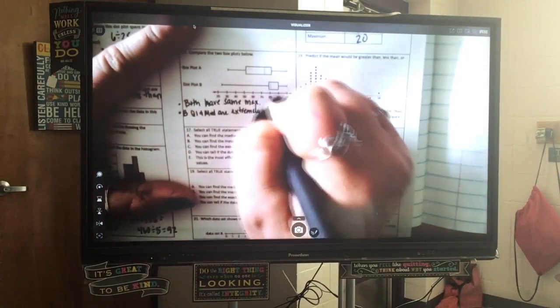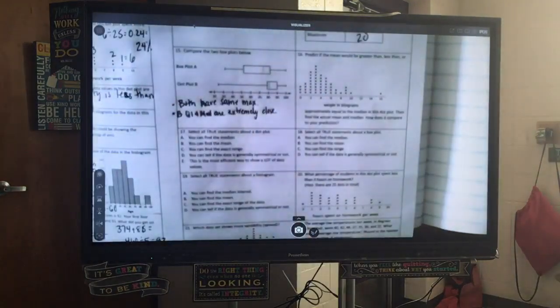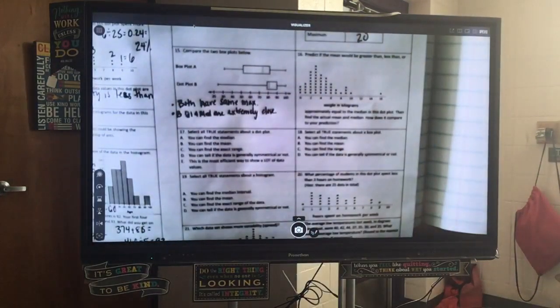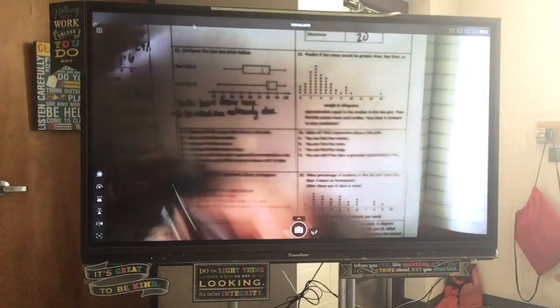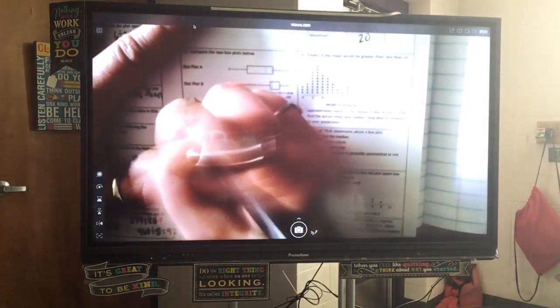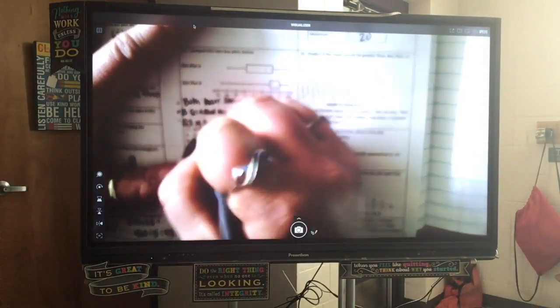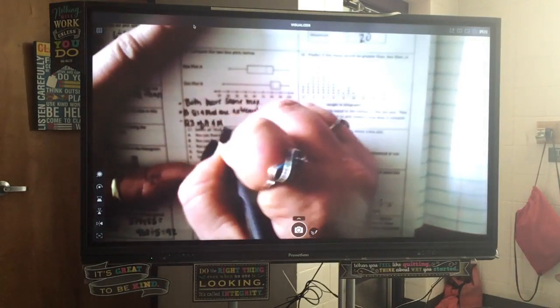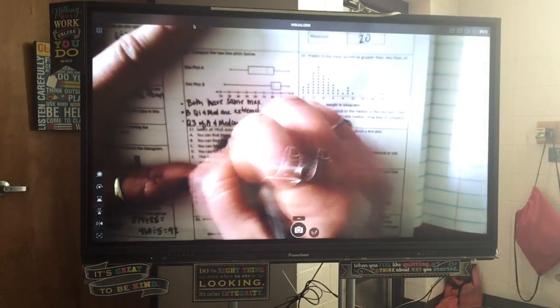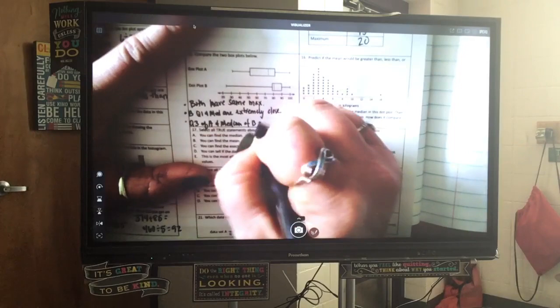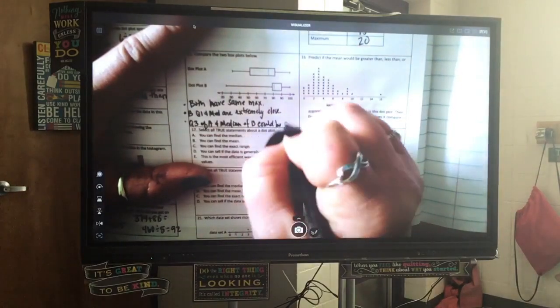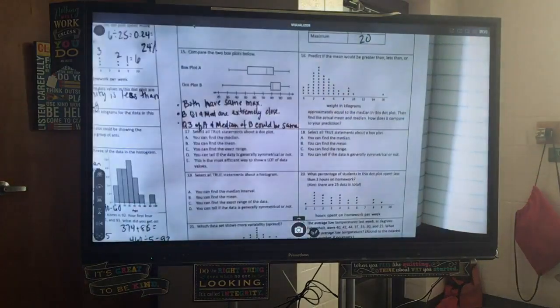All right. What else do we notice? Justin. I would say that the quarter 3 and the median are kind of the same, not exactly the same, like almost. Approximately. So Q3 of A and median of B could be the same.